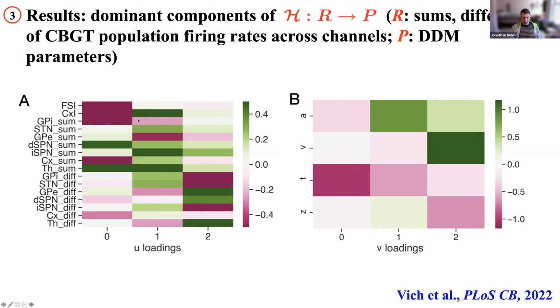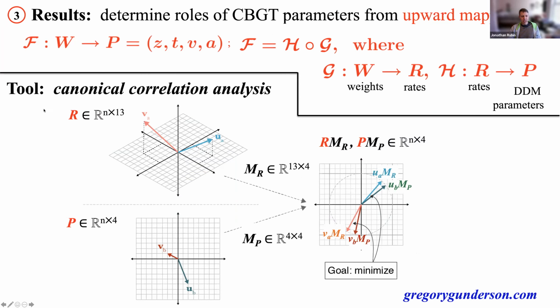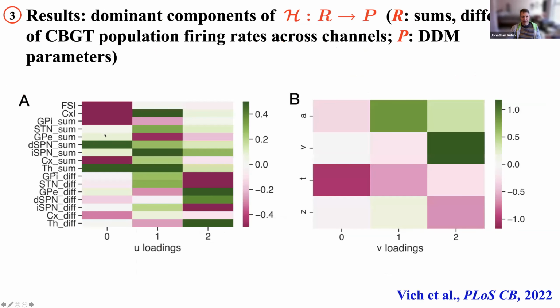One of the things that was important for getting meaningful results was that instead of looking at the actual 13 rates themselves, we looked at sums of rates across corresponding populations in the two channels and differences in rates. We also have these two populations that are shared that we're not going to pay much attention to. So these are the vectors.